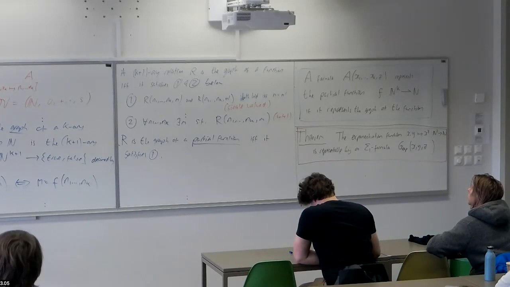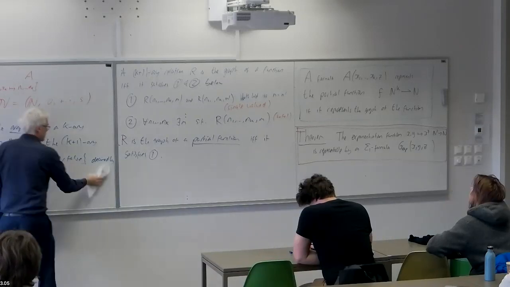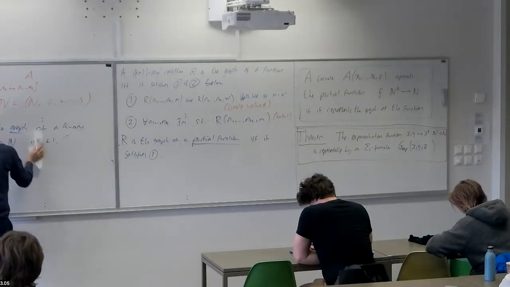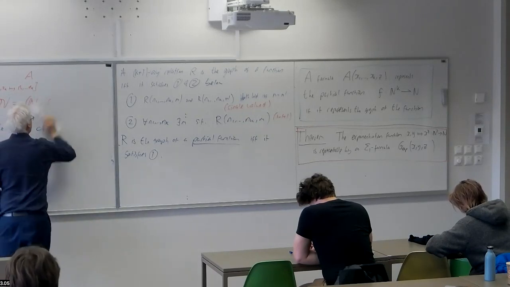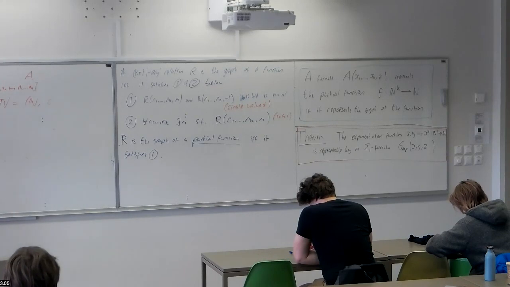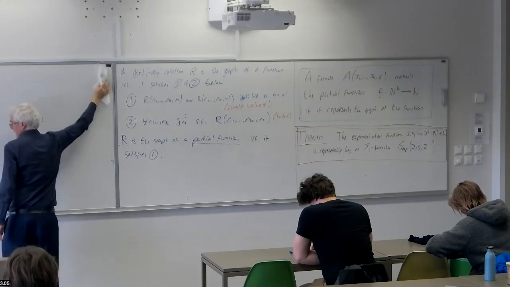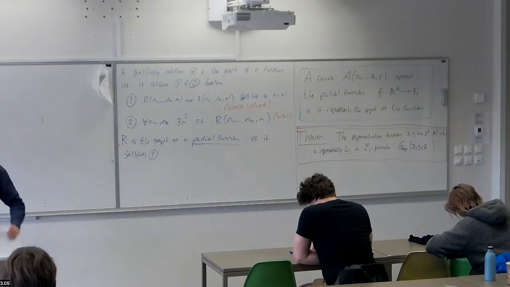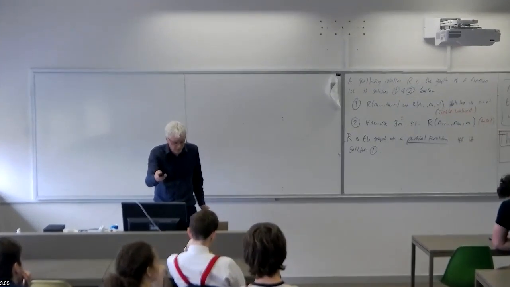That's not going to be very difficult. Then we're going to have the main result that allows us to combine those simple things into something much more complicated, and that will enable us to prove the theorem.